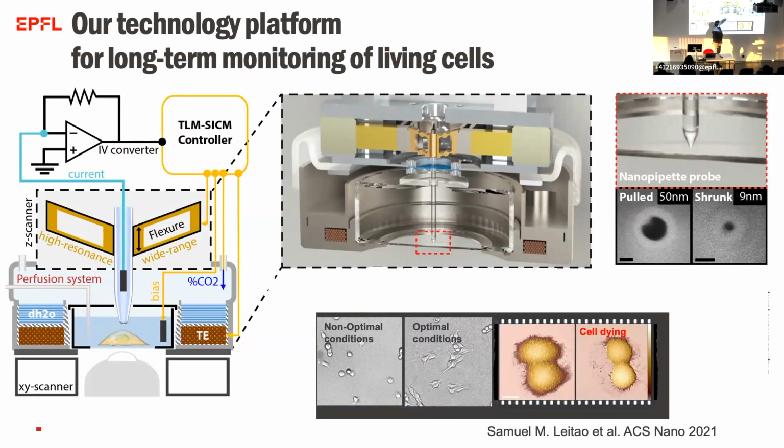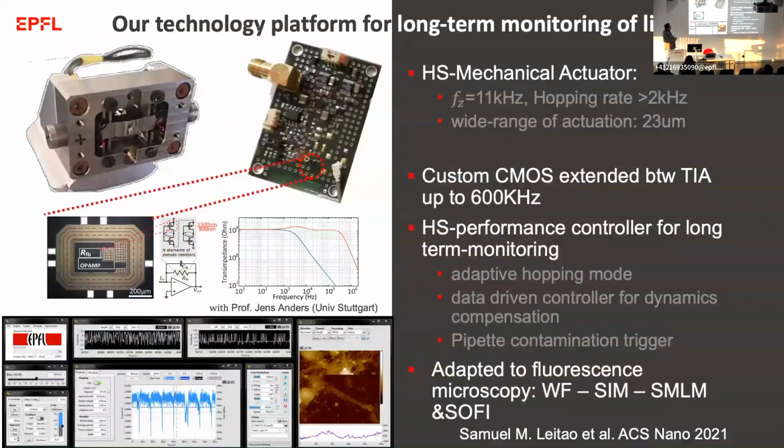So this is nanopositioning scanners. Up here, there was a lot of effort in creating an environment where the cells can be kept alive. There was a lot of development in electronics. We even had to go to some custom IC manufacturing to get up the performance, a lot of programming.